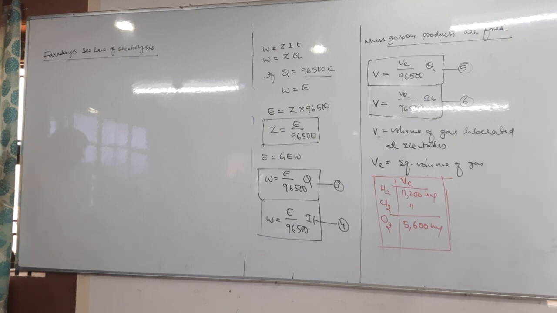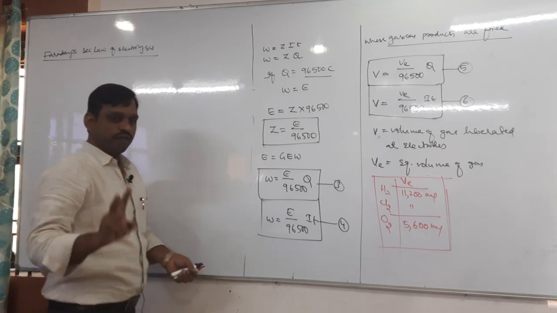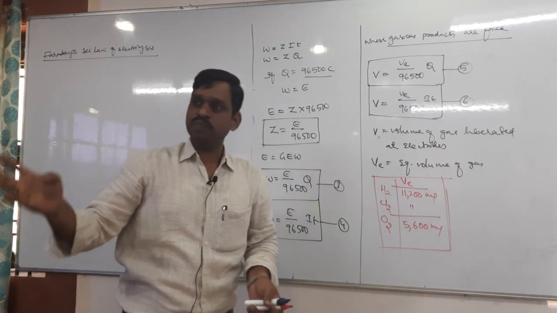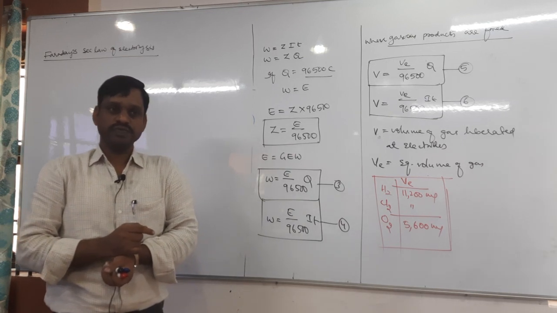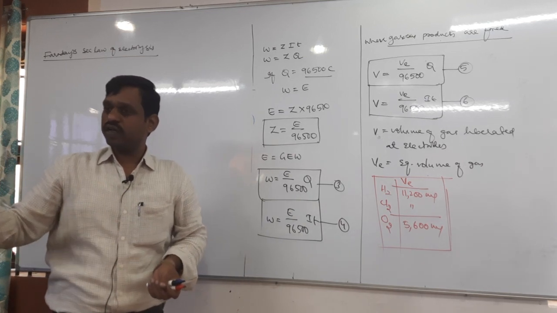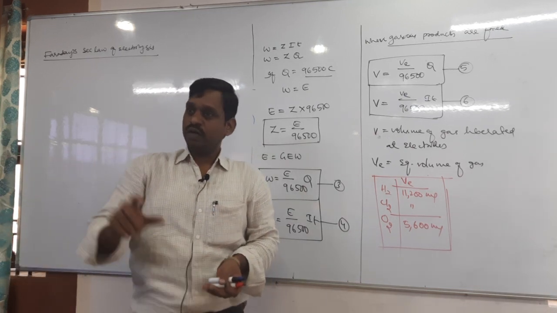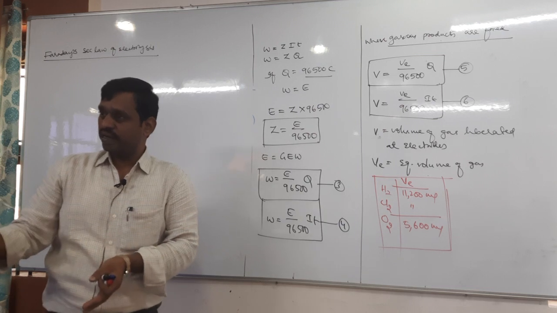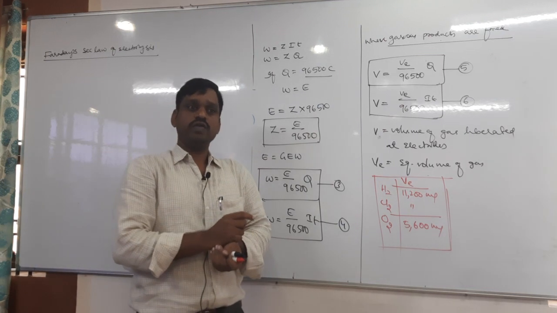Tell me what Faraday's second law of electrolysis says. According to Faraday's second law, when the same quantity of electric current is passed through two different electrolytic solutions, the mass of the substance deposited at the electrode is directly proportional to their equivalent mass or equivalent weight.